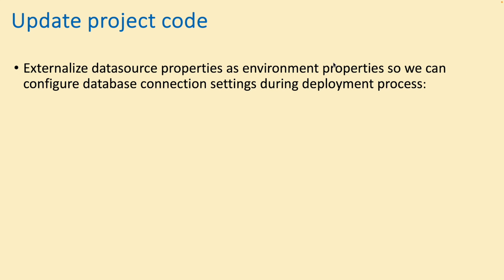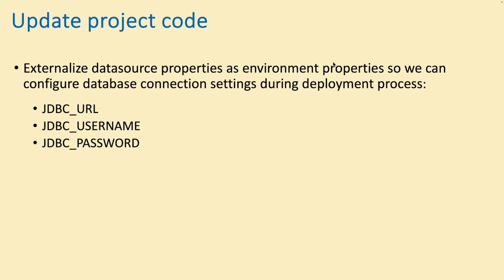And next, we need to update code of the project to externalize data source properties as environment properties, so we can configure database connection settings during deployment process. We need to externalize JDBC URL, JDBC username, and JDBC password as 3 environment properties with these names.